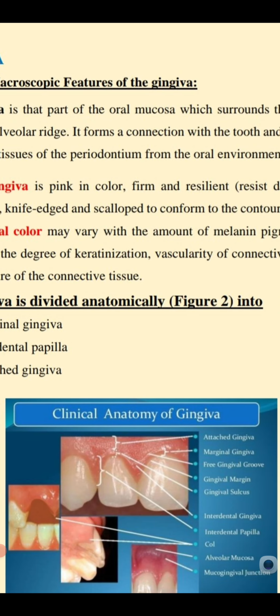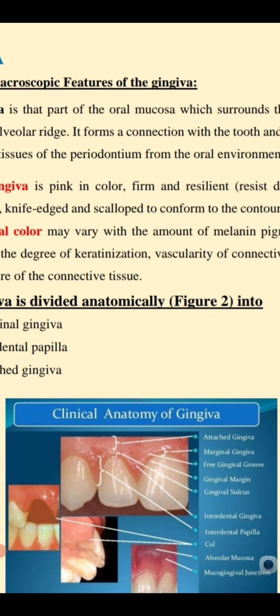It has an orange peel appearance, like an orange. When we feel the orange with a finger, there is a slightly rough elevation. This is known as stippling. Remember, in normal attached gingiva there is stippling, but in disease conditions the stippling becomes lost. It is again MCQs.